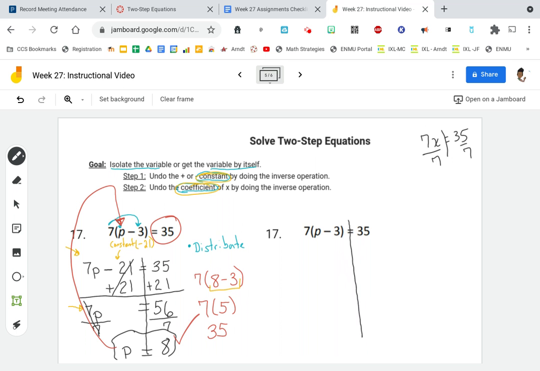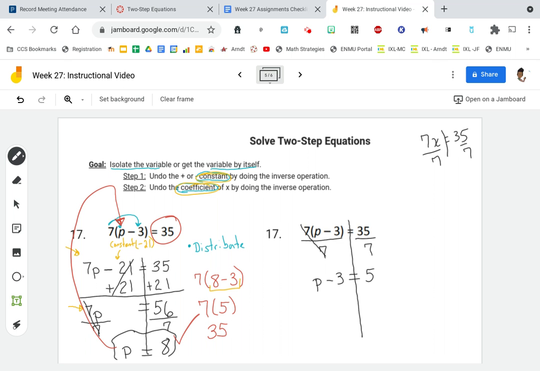Well, this is similar. Really, we could, if we wanted to, divide both sides by 7 first. 7 divided by 7 is 1, leaving us with just p minus 3 equals, and then 35 divided by 7 is 5.